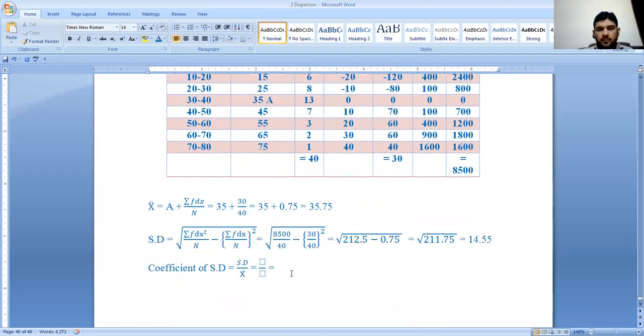Now we have to find the coefficient. Coefficient is equal to SD upon mean, that is 14.55 upon the mean, that is 35.75.